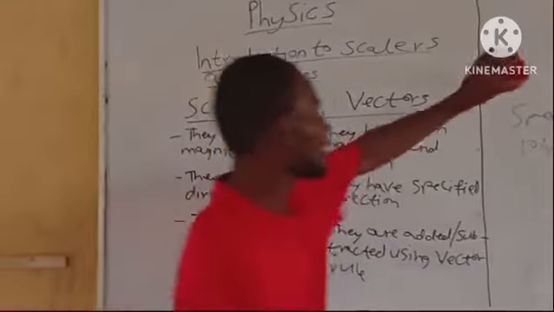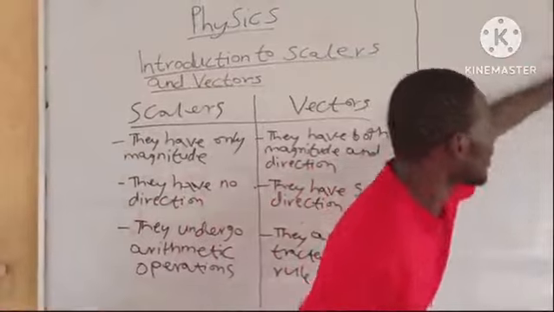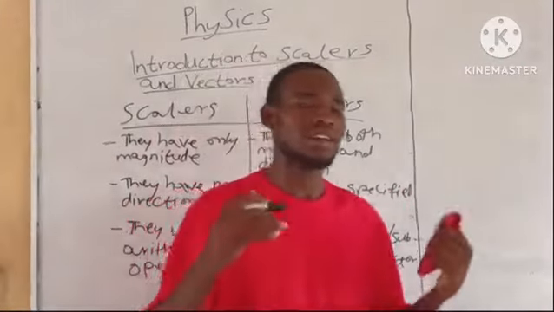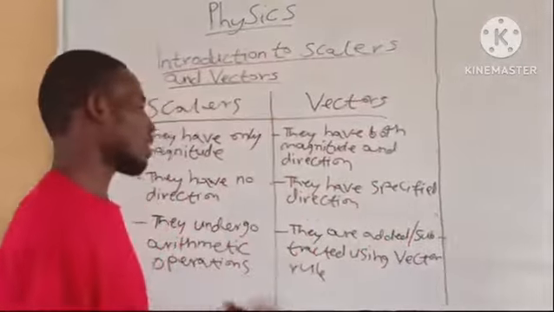Now, what do I mean by adding them arithmetically and using vector rule?